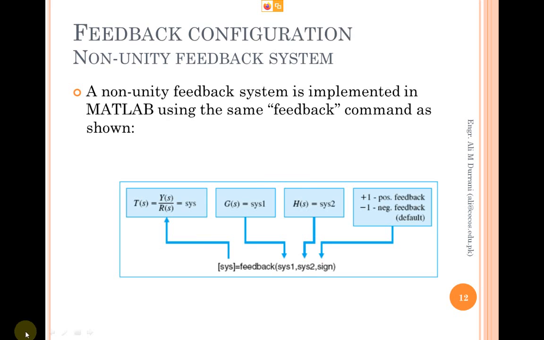But here we have system1, which is actually the system g of s, and then we have system2, which is the h of s. So system2 here is representing the transfer function in feedback, and then the sign +1 for positive feedback and -1 for negative, or you can just skip for negative feedback.